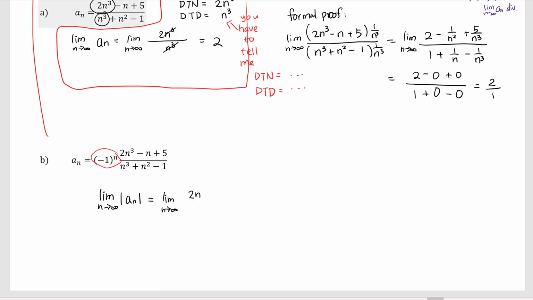So you only have (2n cubed minus n plus 5) over (n cubed plus n squared minus 1). And this is exactly part A, and we get that is what? 2. All right. Remember, if the limit of the absolute value of a sub n is 2, can you tell what is the limit of a sub n?